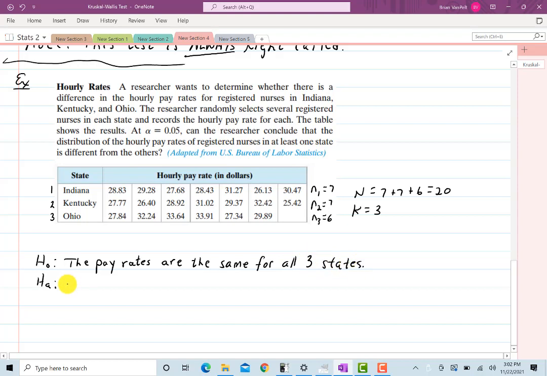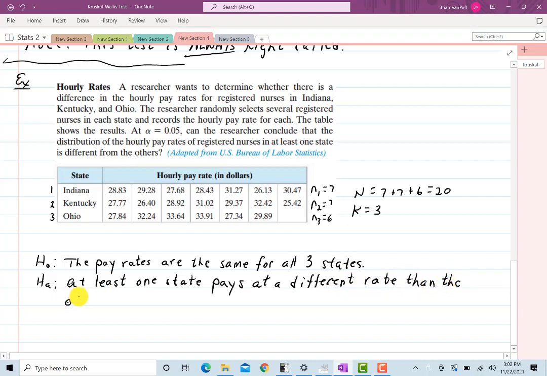And then the H sub A is at least one state pays at a different rate than the other states.